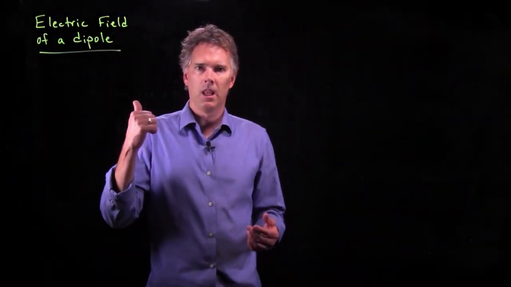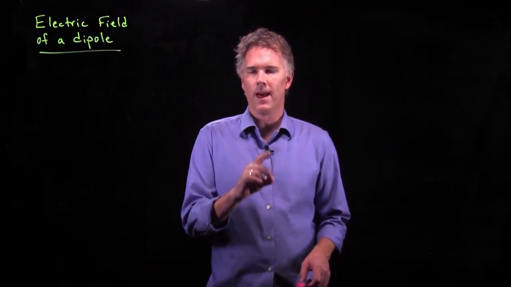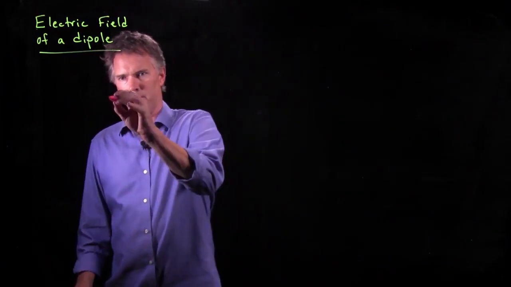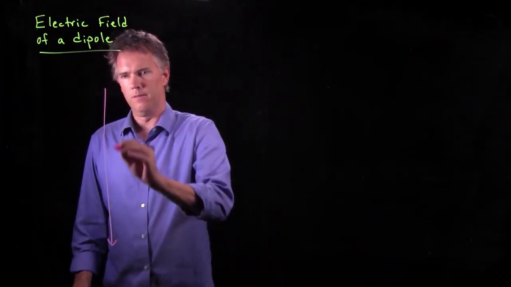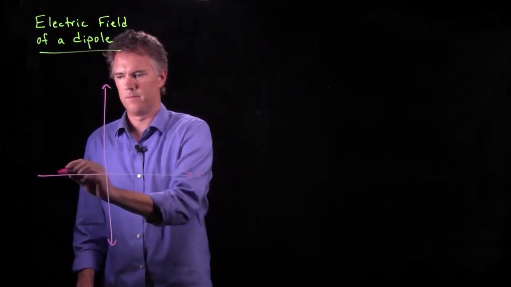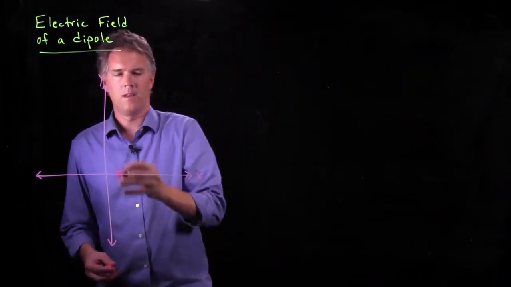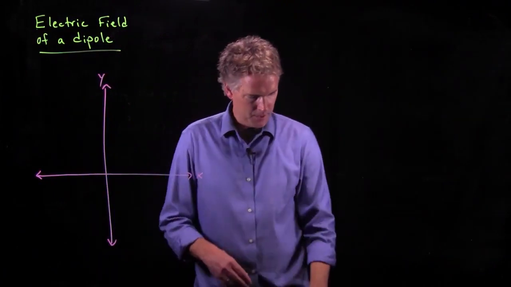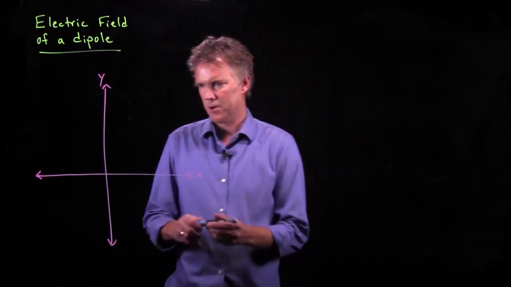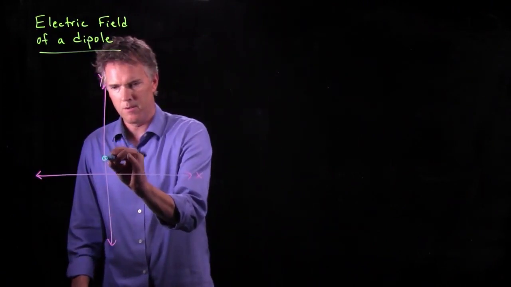Let's talk about the electric field of a dipole, and let's see if we can derive exactly what that electric field looks like. So let's draw a coordinate system here. Here's our good old XY coordinate system. And now let's put a dipole on there. We're going to make the positive charge right here.